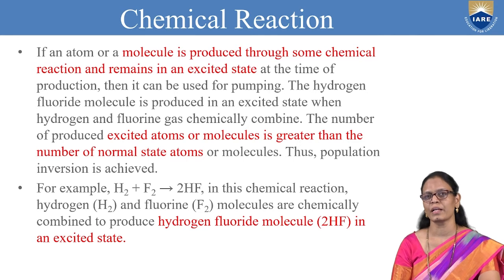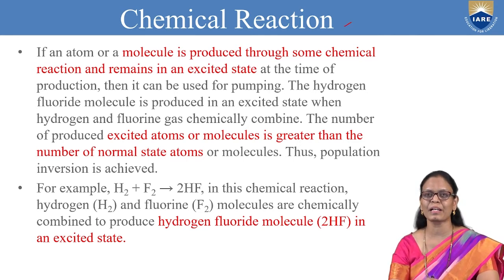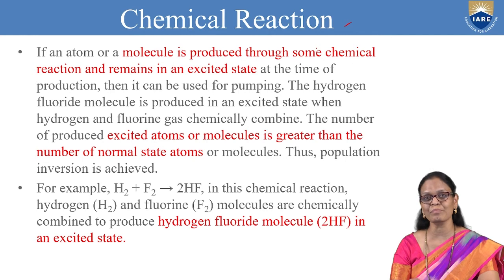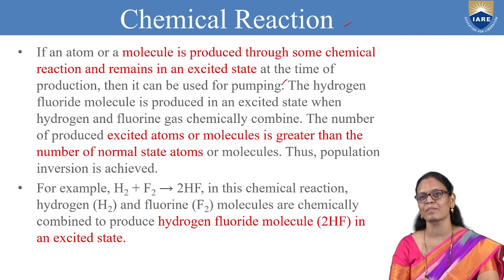The next one is chemical reaction. So what happens in a chemical reaction? If an atom or a molecule is produced through some chemical reaction and remains in an excited state at the time of production, then it can be used for pumping.